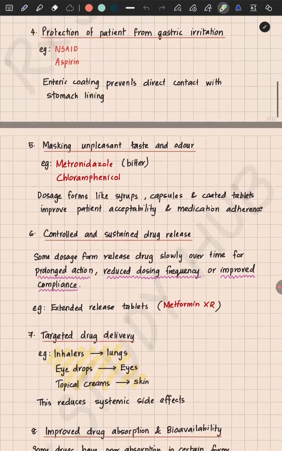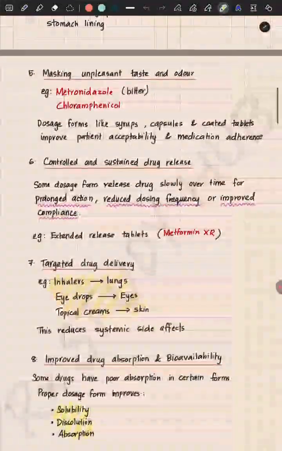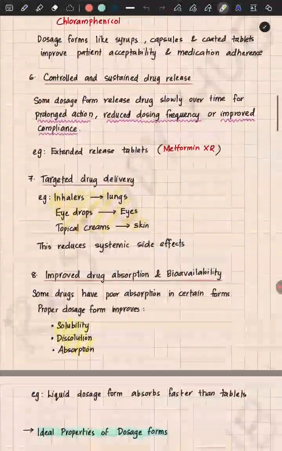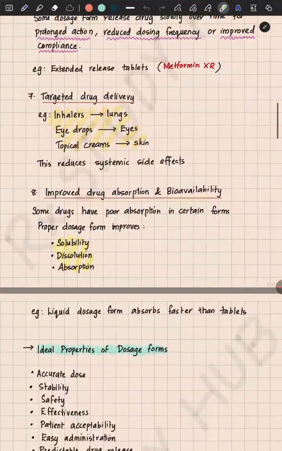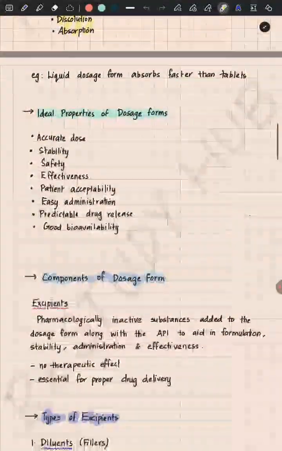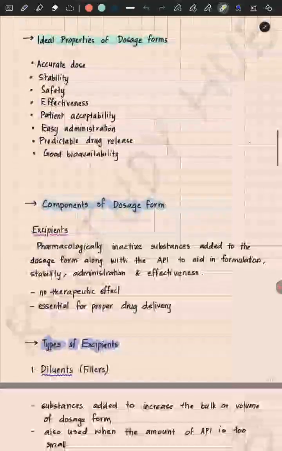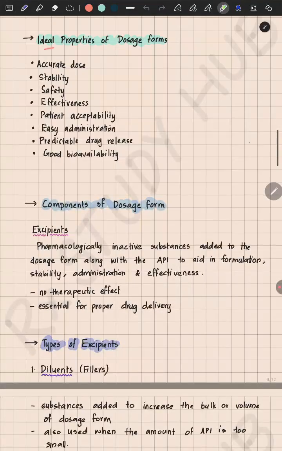Now let us discuss what makes a dosage form ideal. An ideal dosage form should be safe, meaning it should not cause harm when used as intended. It should be effective, delivering the drug in a way that produces the desired therapeutic effect. Stability is another important property. The dosage form should maintain its physical, chemical, and microbiological stability throughout its shelf life.